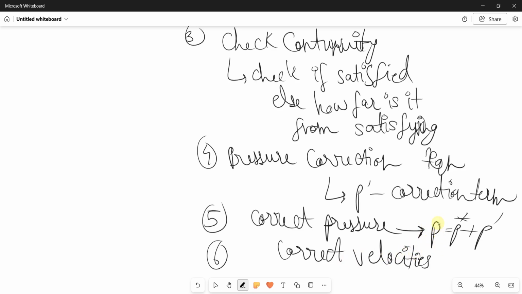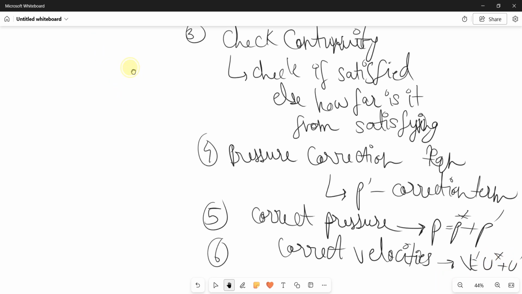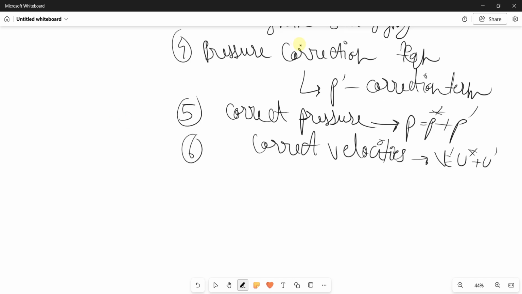So how do you correct velocities? Again, you put it in the momentum equation, so you get corrected velocities, you get a new U, so U is equal to U star plus U dash again. Okay, so you check how far it is from the continuity equation, and you do this, you correct pressure, and then using pressure you correct velocities.